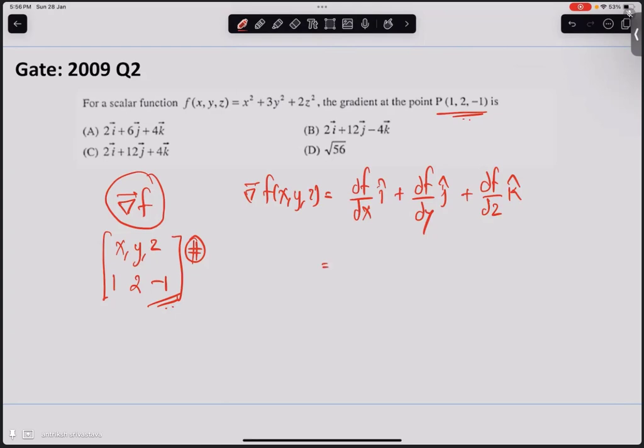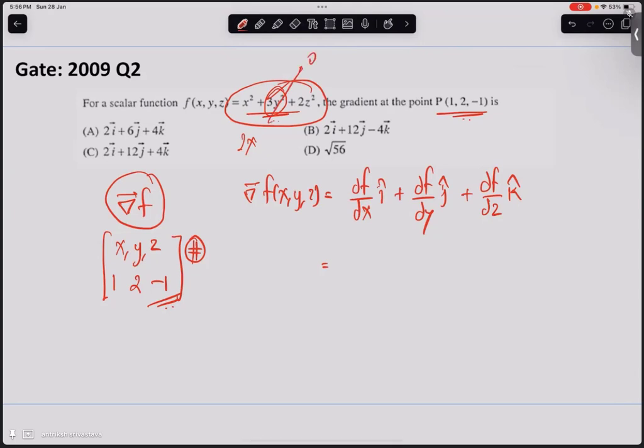So when I say partial derivative, I think you all are familiar, but I'm going to repeat that when you are doing a partial derivative with respect to one variable, you treat all the other variables as constant. So the partial derivative of this function with respect to x is going to be 2x. What about this? There is no x here. That means this is a constant for this function.